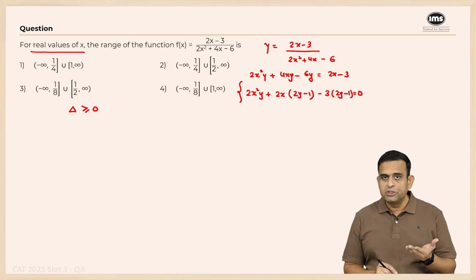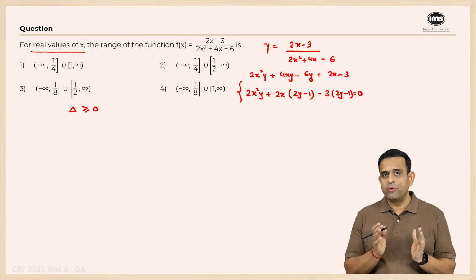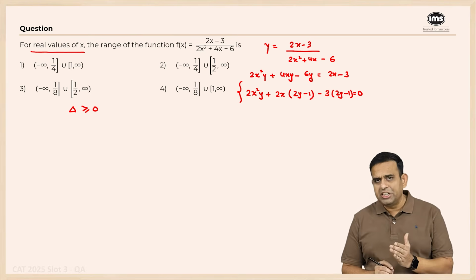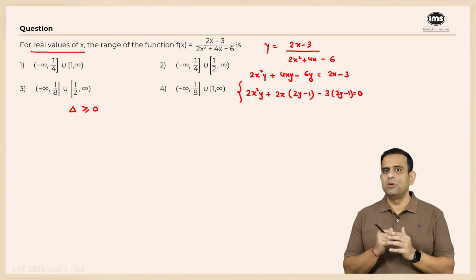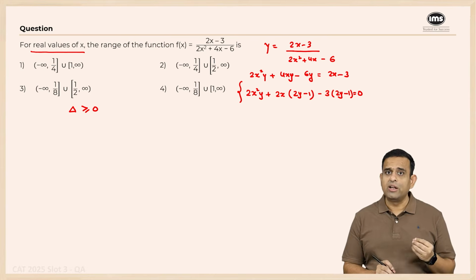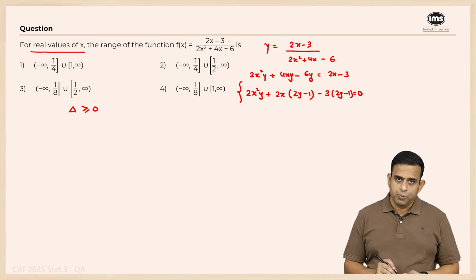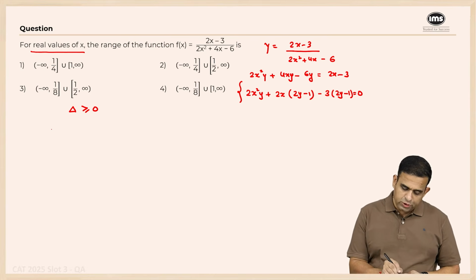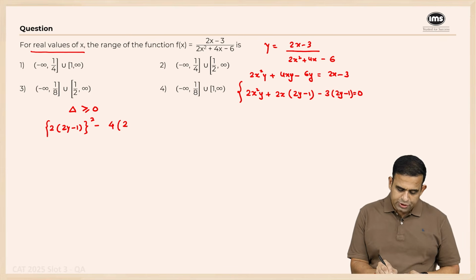The term b, which is the coefficient of x, is 2 times (2y minus 1), and the constant term happens to be minus 3 times (2y minus 1). So delta should be more than or equal to 0 is my required condition for x to be real. So now b square will be 2 times (2y minus 1) whole square, minus 4 into a, which is 2y, and the term c is minus of this, I will just put a plus here.